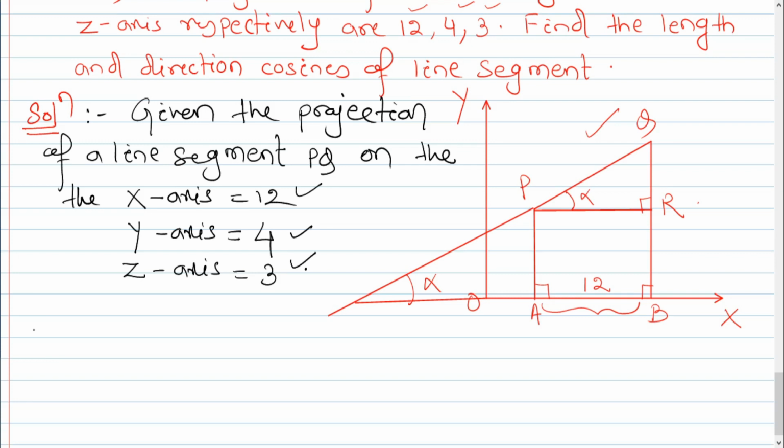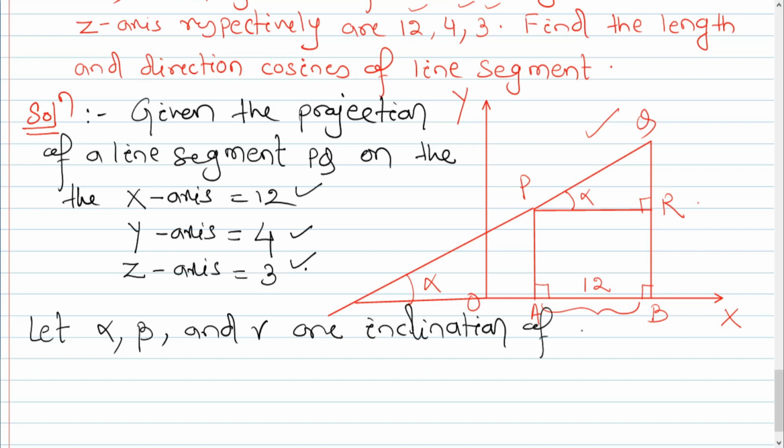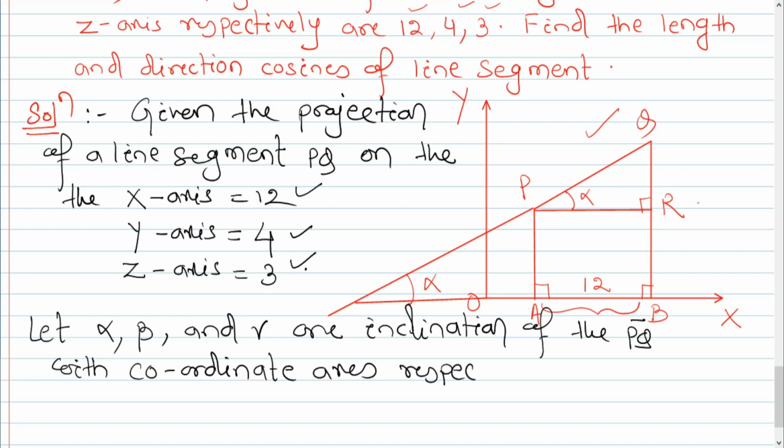Let alpha, beta and gamma be the inclinations of the line segment PQ with the coordinate axes, that is the x axis, y axis and z axis respectively.